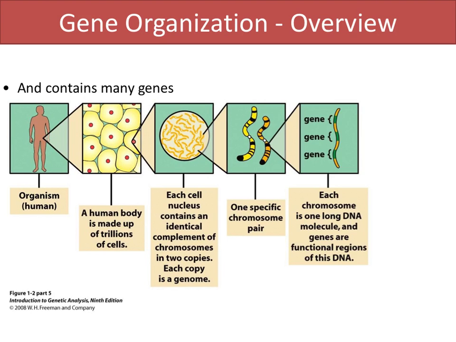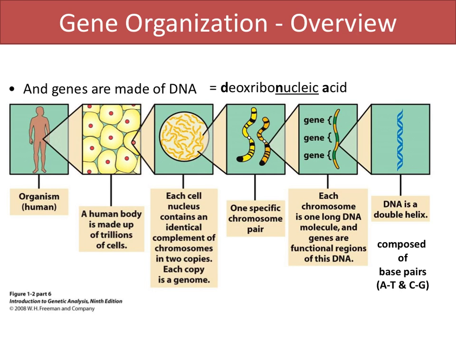So here we are with the genes. The chromosomes are made of a double helix, DNA, and the genetic information is coded in 4 bases.